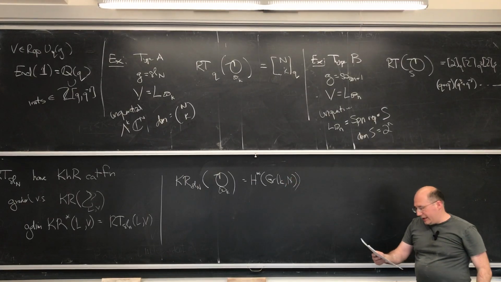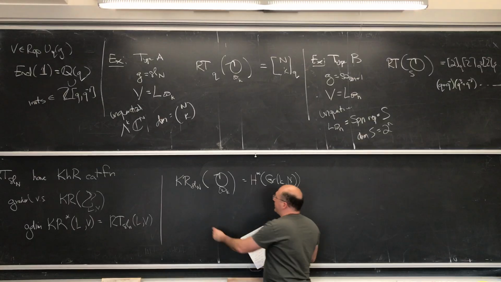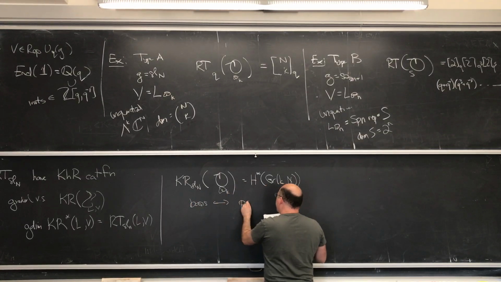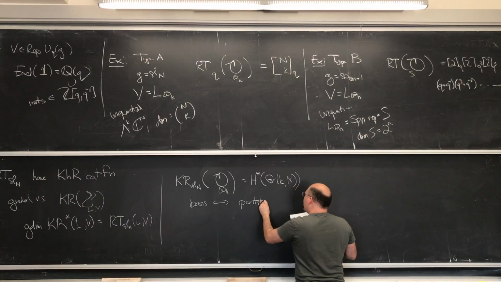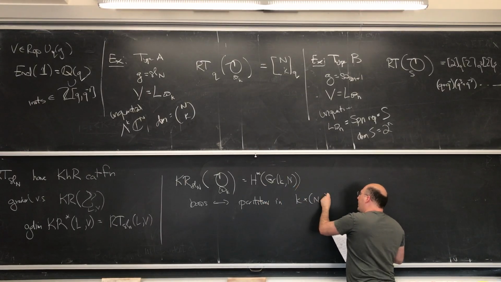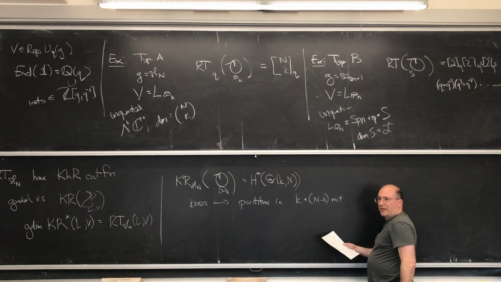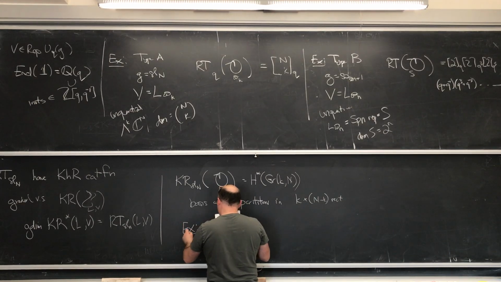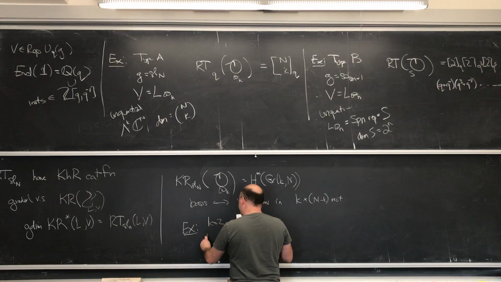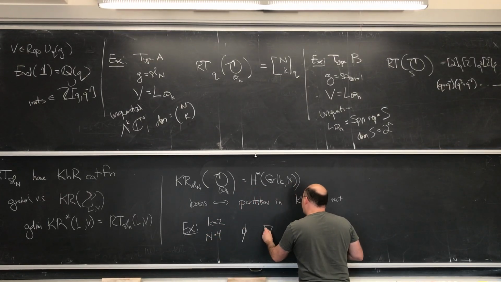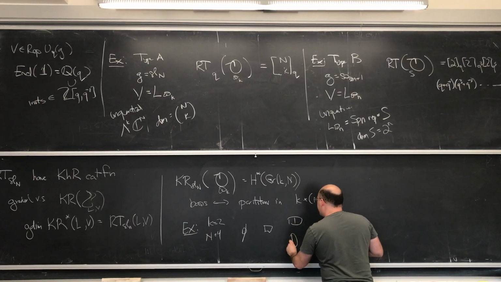This cohomology has a nice basis in bijection with partitions in a k by n minus k rectangle. So in this case, if we do k equals 2 and n equals 4, then the partitions fitting inside a 2 by 2 rectangle look like this.